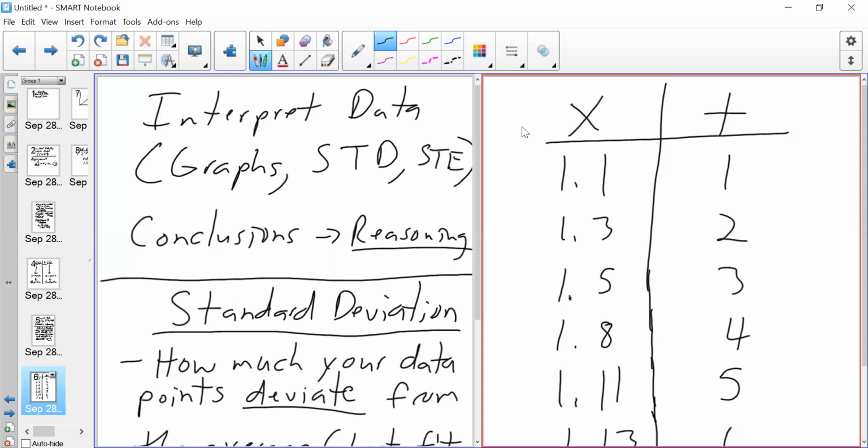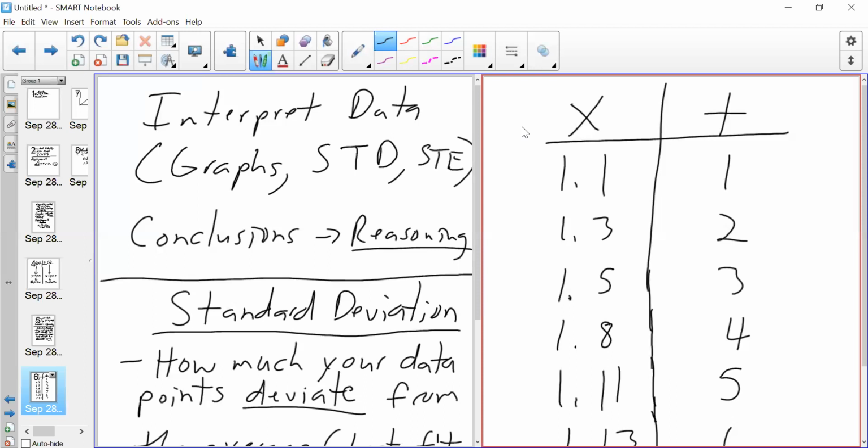Velocity, y-axis, perfect. We've seen that already, but probably forgot. So if you haven't done that, you want to do that for your slope. So get your packets out.